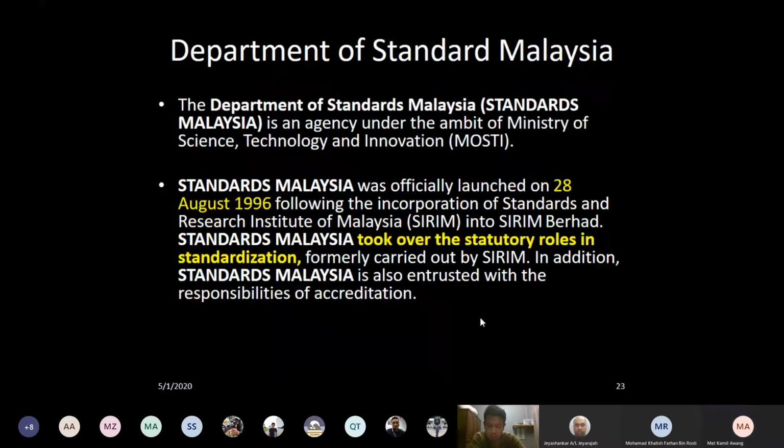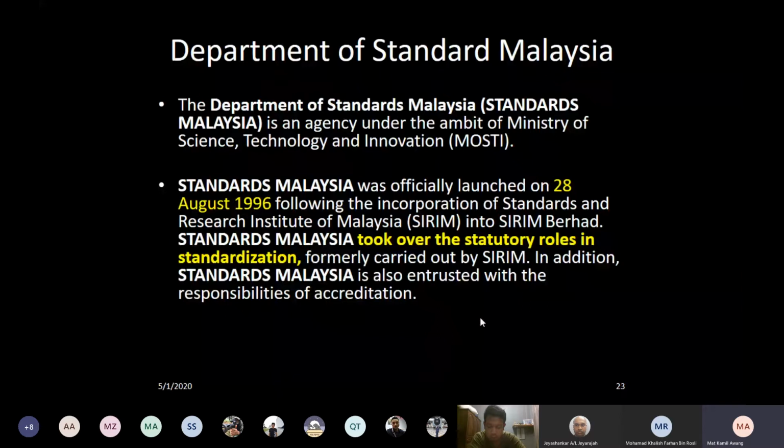When SIRIM was incorporated as SIRIM Berhad, the regulatory function was taken away from SIRIM and given to a newly set up department, the Department of Standards Malaysia. So that's how it evolved.